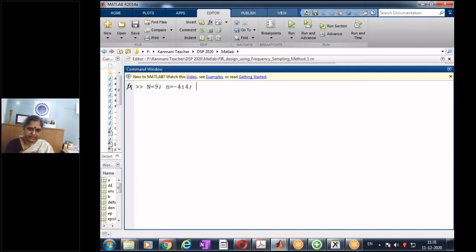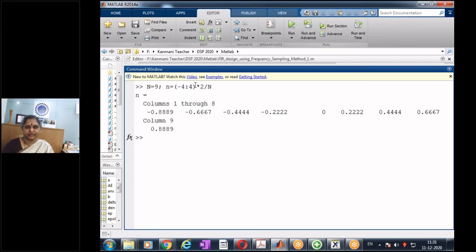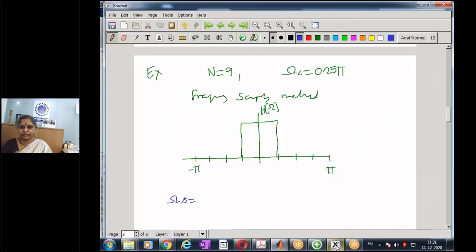And let us see how much this quantity is, multiplied by 2 by 9, because I have the whole spacing divided by 9. So now this goes from minus 0.88, minus 0.66, minus 0.44, minus 0.22, 0, and so on. So my spacing in terms of pi is 0.88 pi, 0.66 pi. This is what my spacing is going to be.